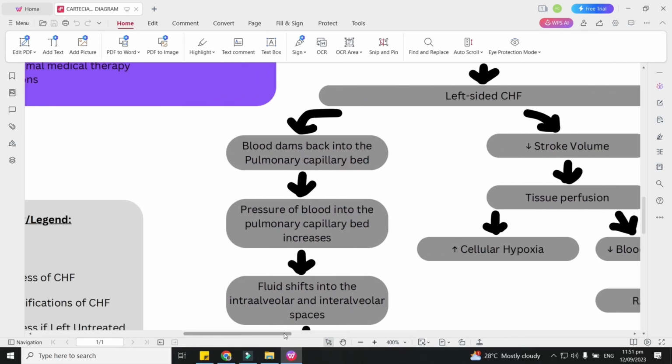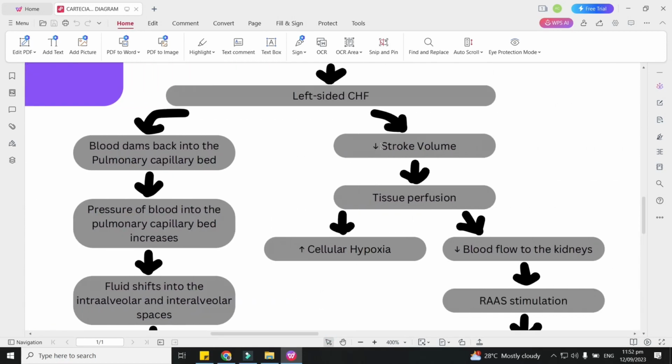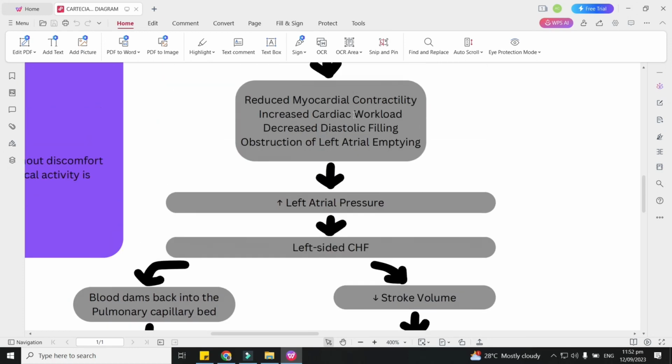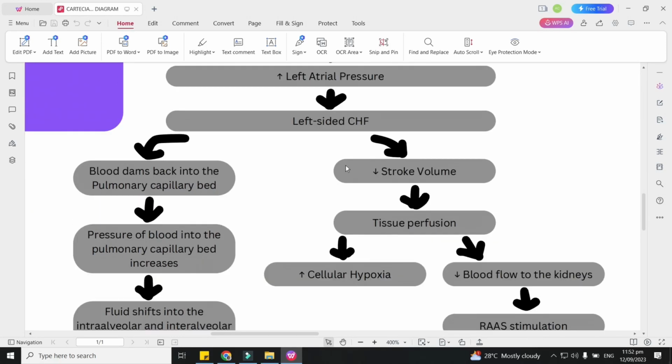So now let's say our stroke volume is still the same, but because of the reduced myocardial contractility and the increased cardiac workload, decreased diastolic filling, and obstruction of the left atrial emptying, our blood dumps back into the pulmonary capillary bed. So we can imagine our blood is in the heart.